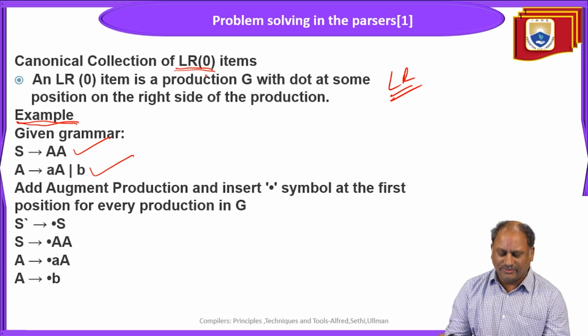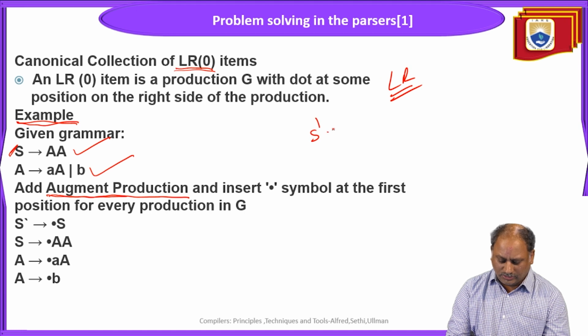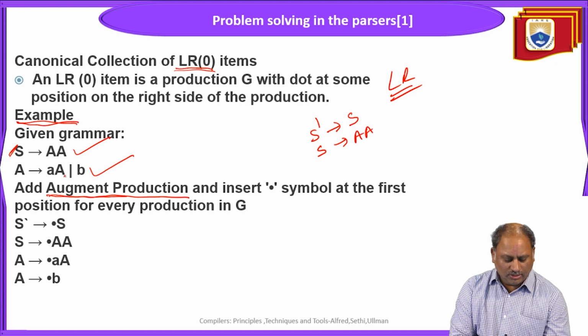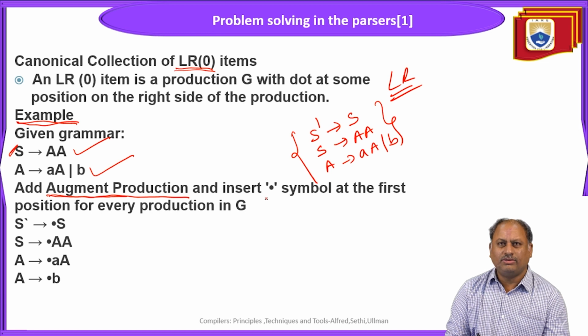What does the canonical collection of LR(0) items mean? First, for the production of the start symbol available in the given grammar, we add an augmented production, that is S dash derives S. Now we add the remaining productions of the given grammar: S derives capital A, and capital A derives small a capital A, and capital A derives B. These are the productions to be included for the canonical collection.